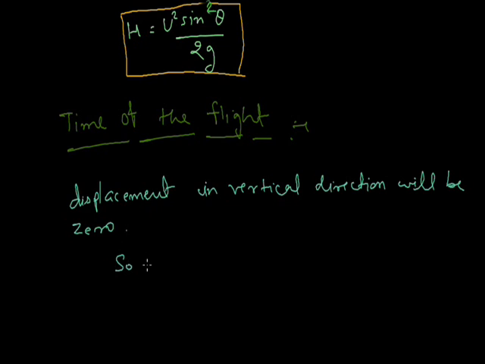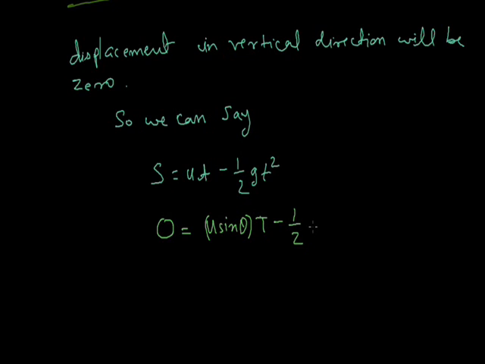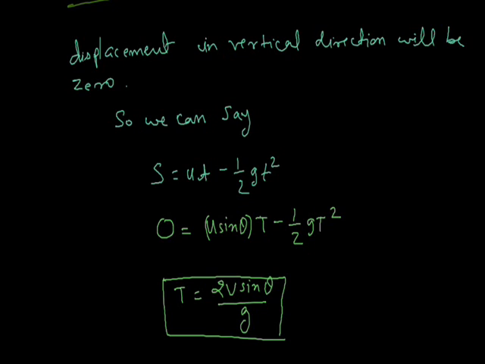So from the kinematic equation, s equals ut minus half g t square, because g is negative and the vertical displacement is 0, so s equals 0, and u will be u sin theta, the vertical component in the y direction, into t minus half g t square. T will be 2u sin theta by g. It's the time of flight in the whole projectile motion.